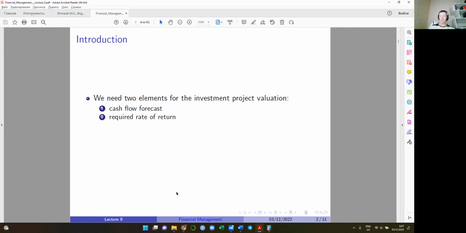Then we made one step deeper into the question of cash flow estimation, how cash flows for this NPV and other things are obtained. And now we are doing the second step, how to obtain the interest rate for those computations.